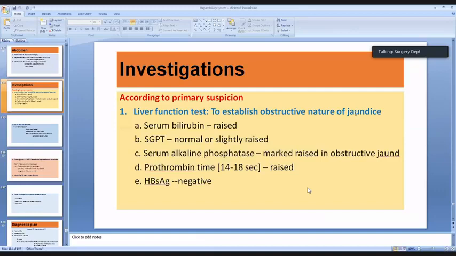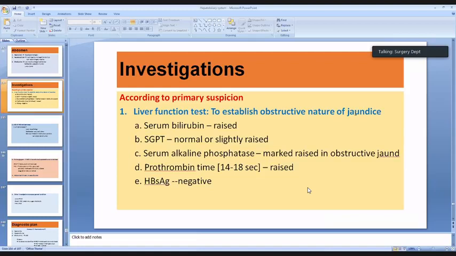And after clinical evaluation, we have to do certain investigations. The most important one is the liver function test. If we do the liver function test, it is possible to discriminate whether the jaundice is hemolytic, hepatocellular, or obstructive.